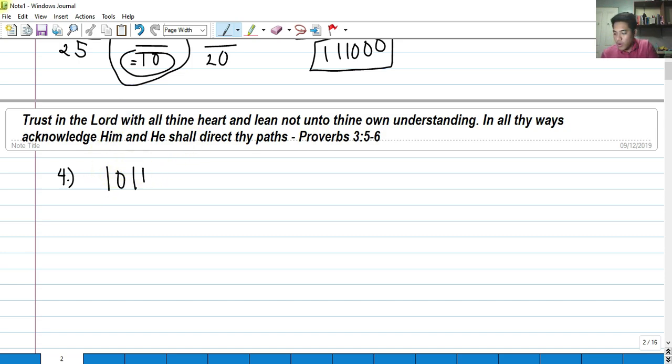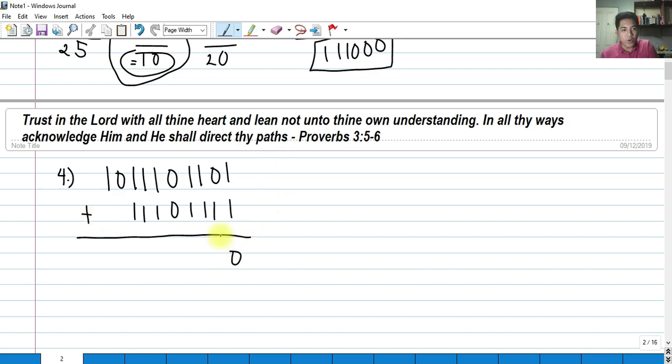1 0 1 1 1 0 1 1 0 1 plus 1 1 1, then 0 1 1 1 1. Try to add this again. 1 plus 1 is 0, carry 1. Don't teach this to your kids.